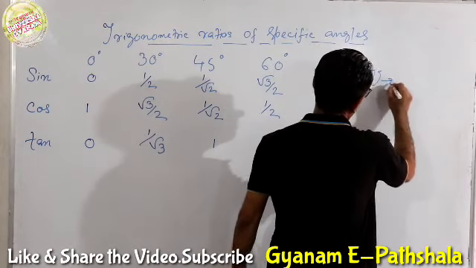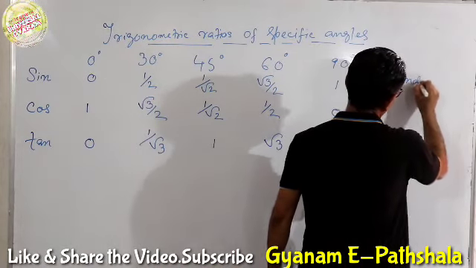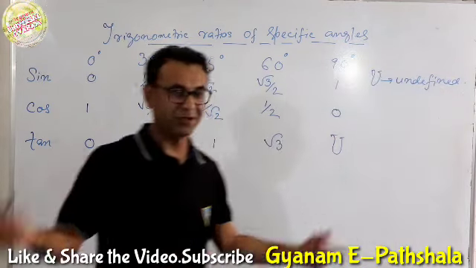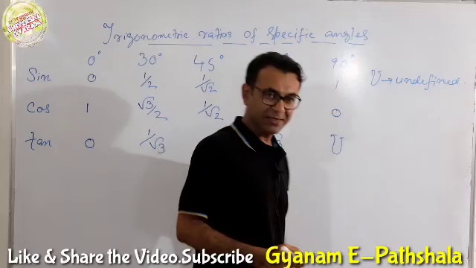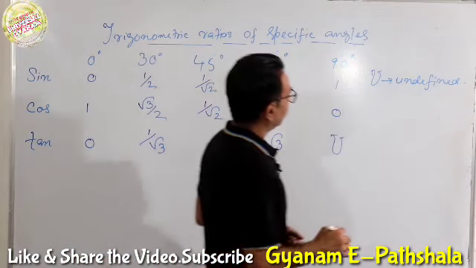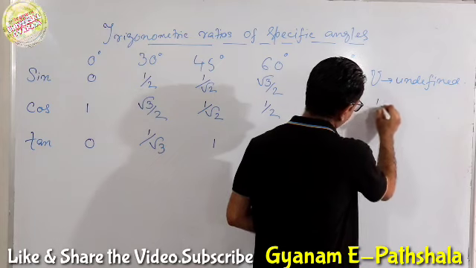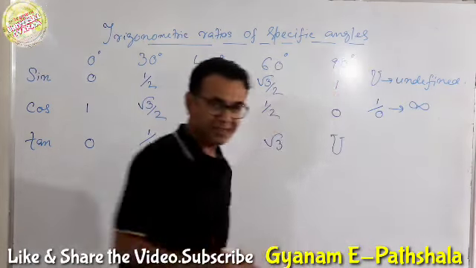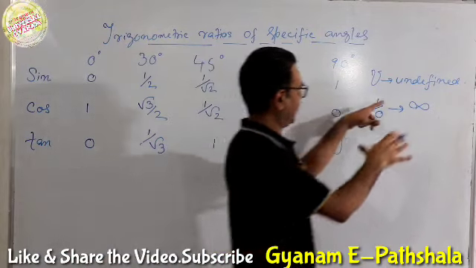Now I'll tell you something really important, and that will give you a glimpse of the beauty of maths as well. Many writers and many textbooks consider 1 by 0 as infinity. Now this mathematical infinity is a very abstract concept.